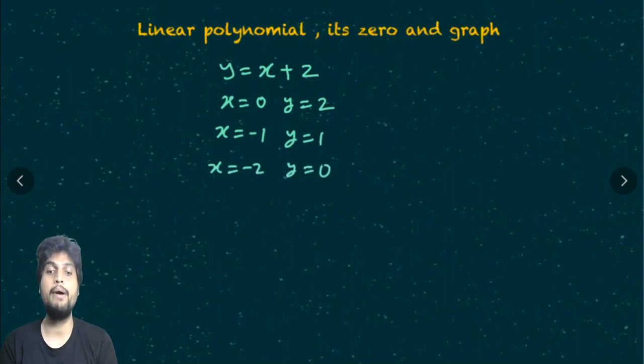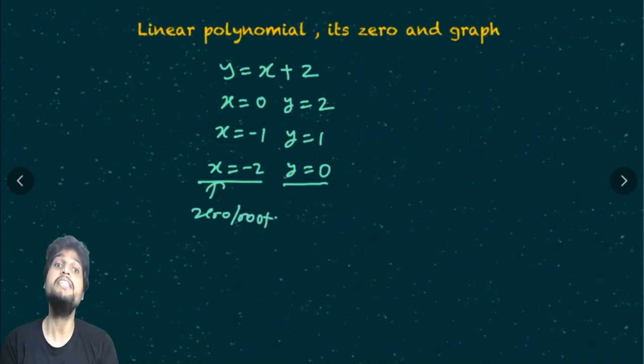Yes, caught it here. So this value of x gives me y's value of 0. So x is equal to minus 2, y's value is 0. So we call this a zero or root for this linear polynomial, y is equal to x plus 2.